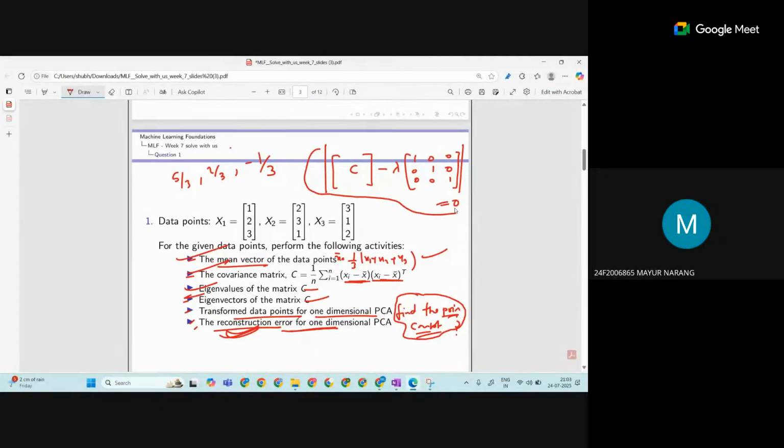For the eigenvector formation, I got the 3 eigenvalues. Okay.